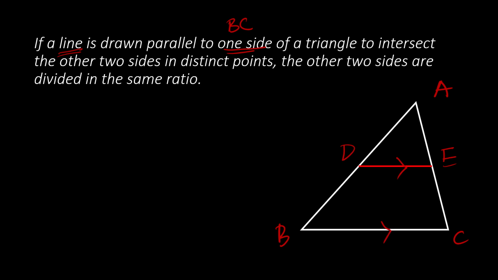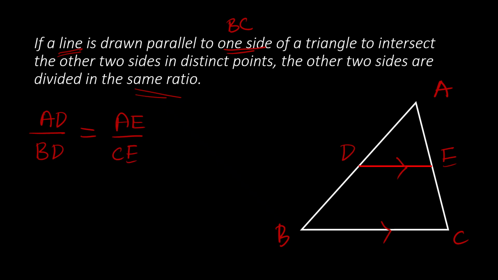That is, D divides the line AB in a ratio, and equal to that ratio, E also divides the line AC. So what we need to prove is the same ratio, that is AD by BD is equal to AE by CE.